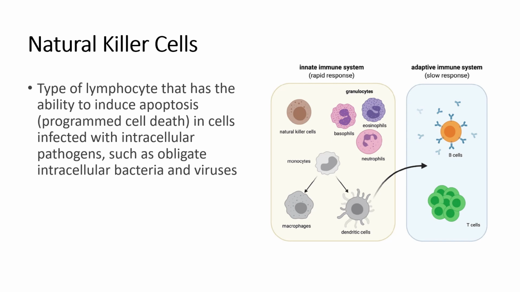There are also natural killer cells, and this is a type of lymphocyte, a white blood cell, that has the ability to induce apoptosis, or programmed cell death, in cells that are infected with intracellular pathogens.